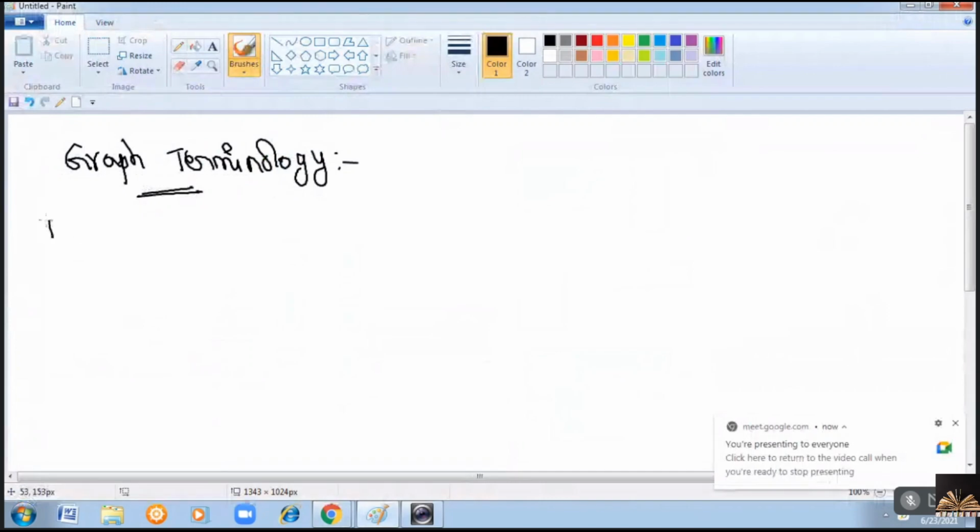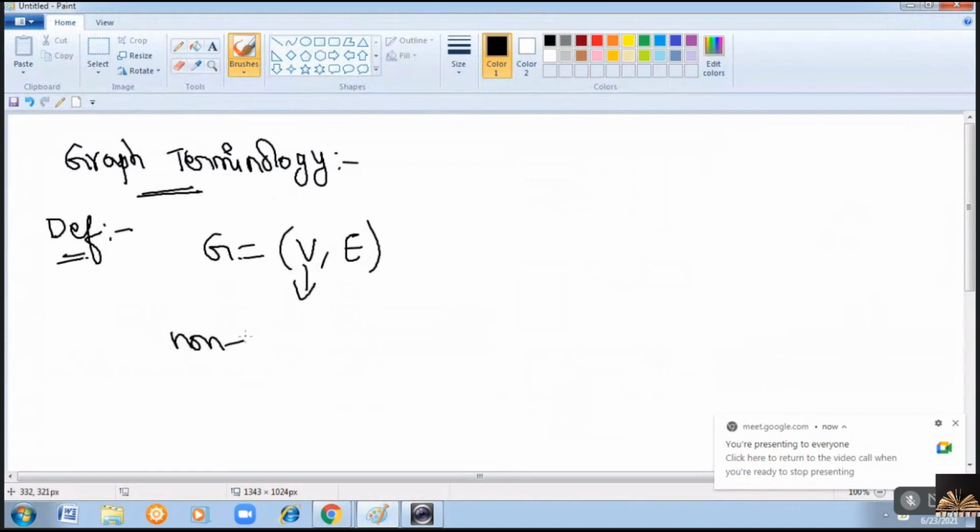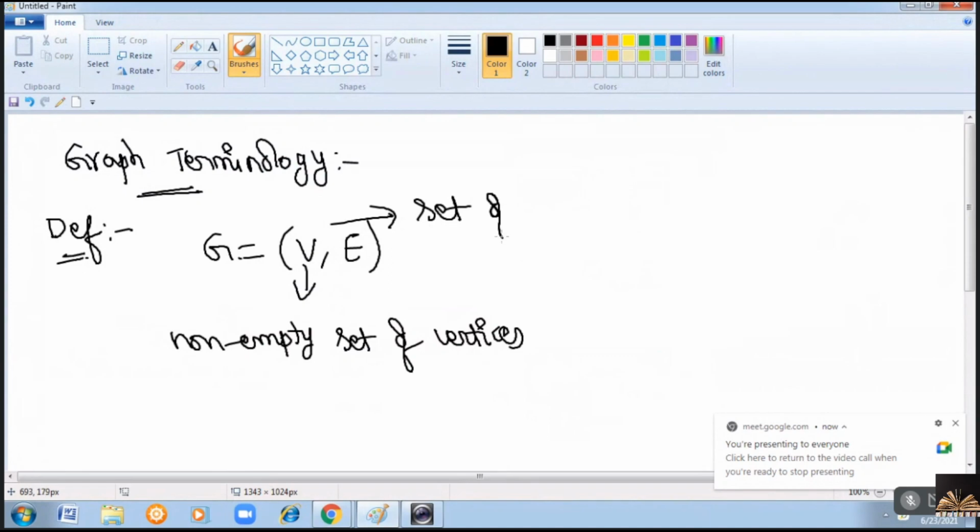The definition of a graph is: a graph G contains V comma E, where V is a non-empty set of vertices and E is a set of edges.